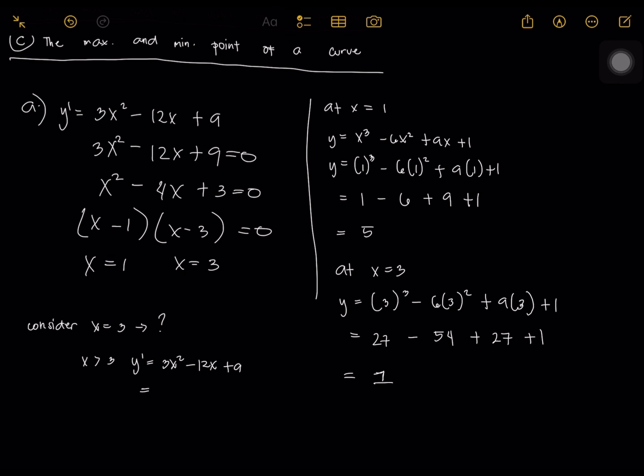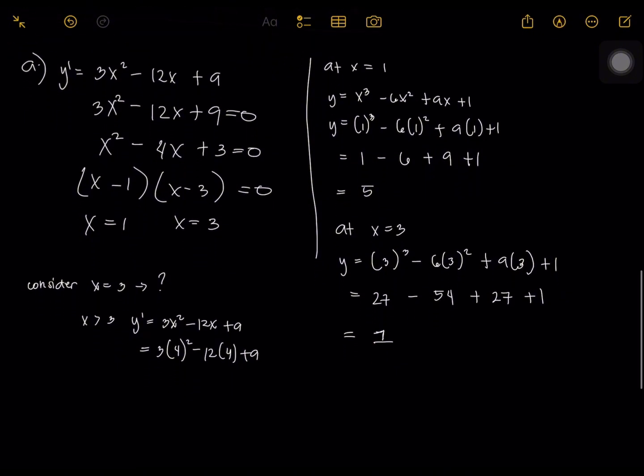So 3 times 4 squared minus 12 times 4 plus 9, which computes to 9. So for x greater than 3, the derivative of y is greater than 0.